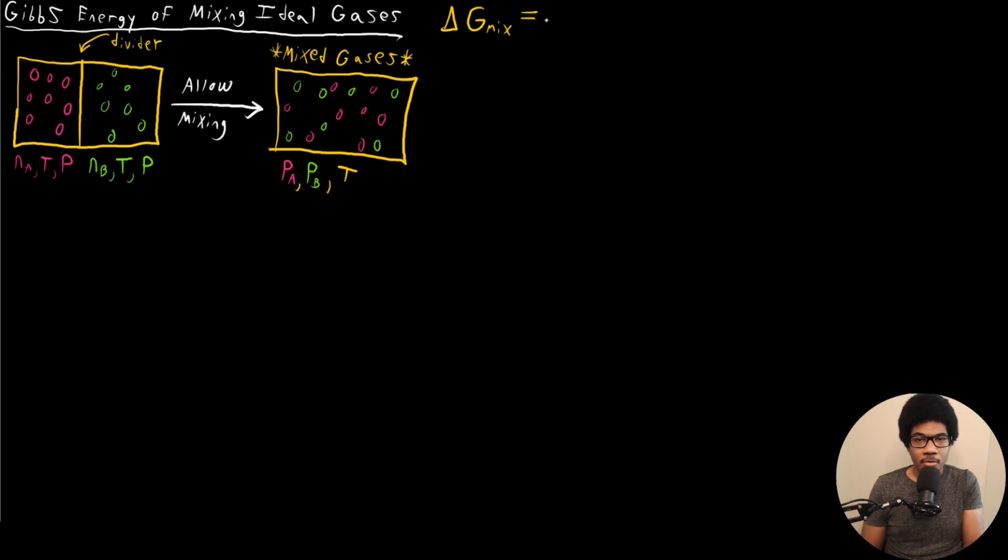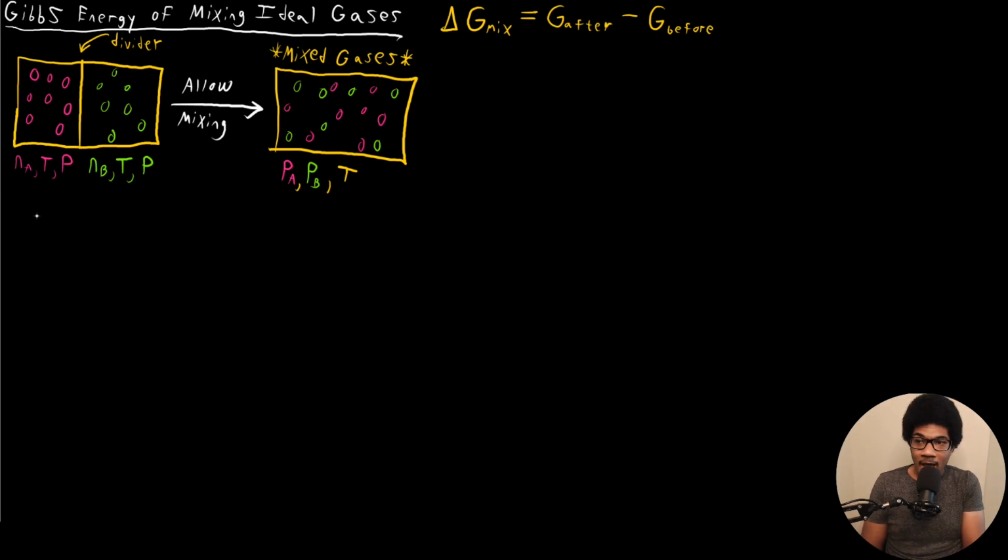In order to do that, we're going to have to define a Gibbs energy after the mixing occurs and subtract that from the Gibbs energy before the mixing occurs. So your standard final minus initial. Keep this visual picture in your head as we go through the mathematics here.